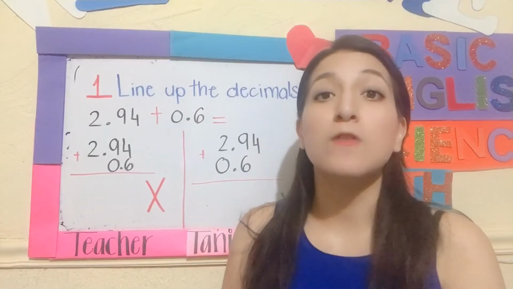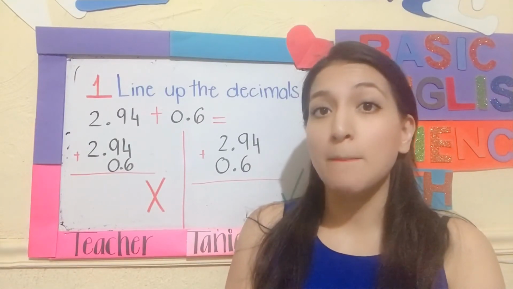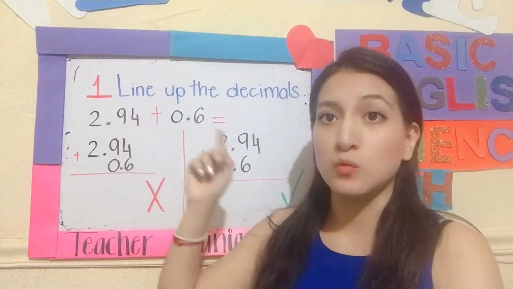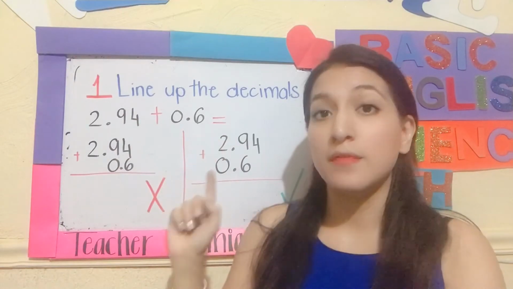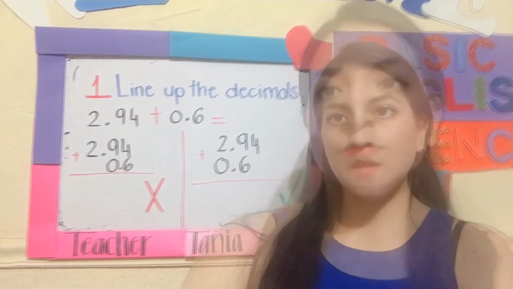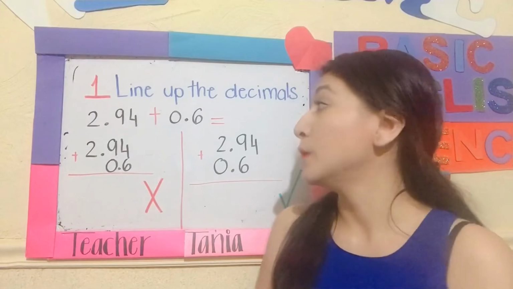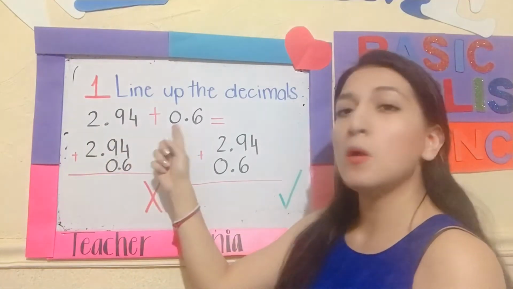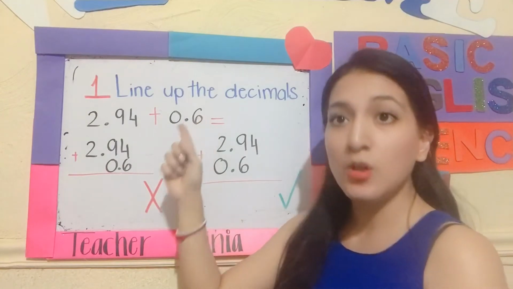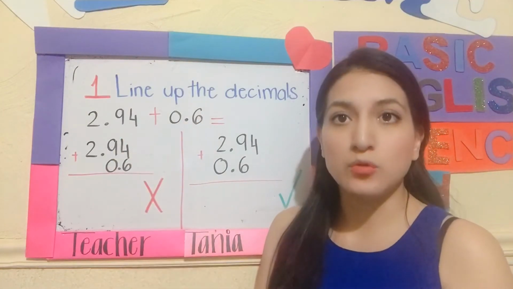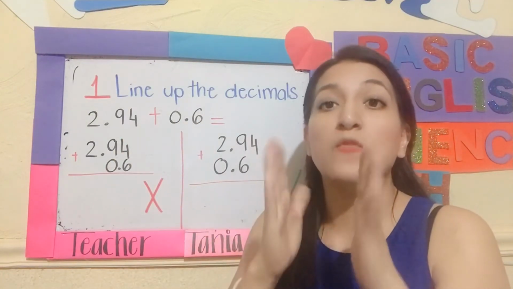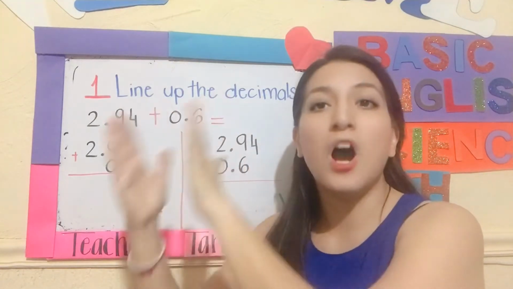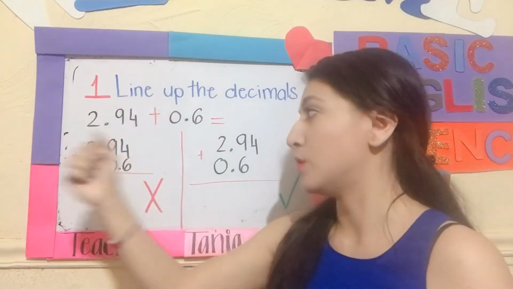Let's solve the following addition as an example for you to understand this rule, how to line up the decimals. Here we have the following addition, 2.94 plus 0.6. To line up the numbers, we usually line up from units, tens, hundreds, thousands, and further.